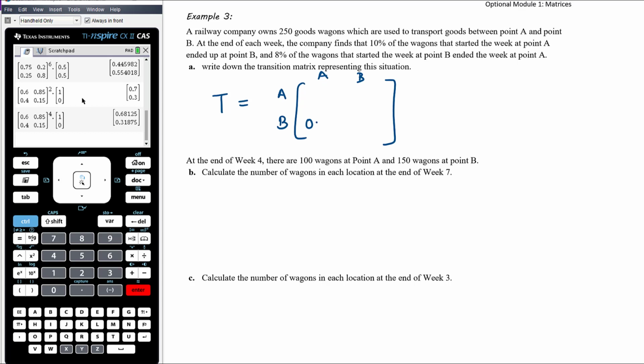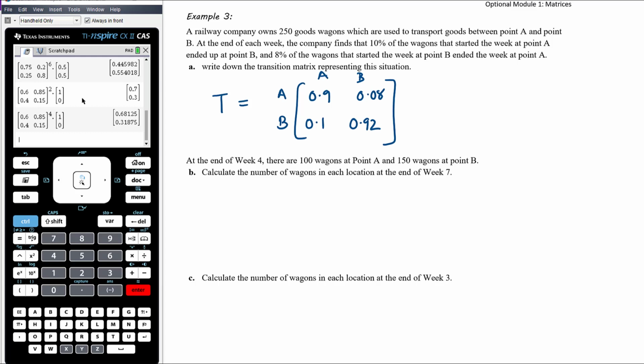So this is 10% or 0.1 here, which means this must be 0.9 because columns add to 1. 8% of the wagons that started at point B ended up at point A. So from B to A is 8%, 0.08, which means that 92%, 0.92, started at B and stayed at B. So there's our transition matrix.